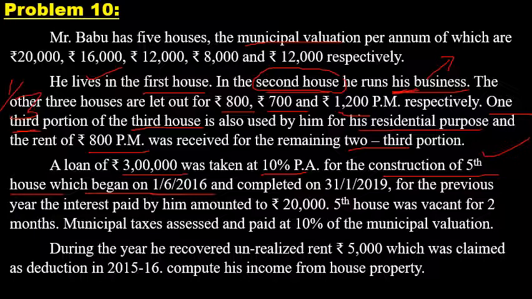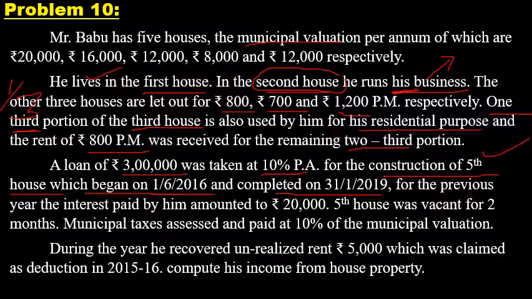So we have to consider that the loan was borrowed on the same date, and the construction was completed on 31st January 2019. These informations are required for the calculation of interest on loan in case of the fifth house: loan amount, rate of interest, the date on which the loan was borrowed and the date on which the construction was completed.